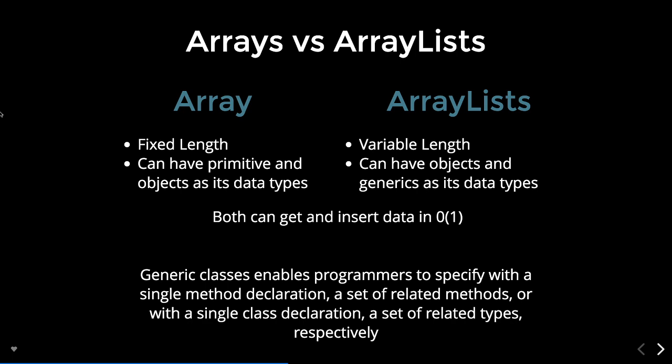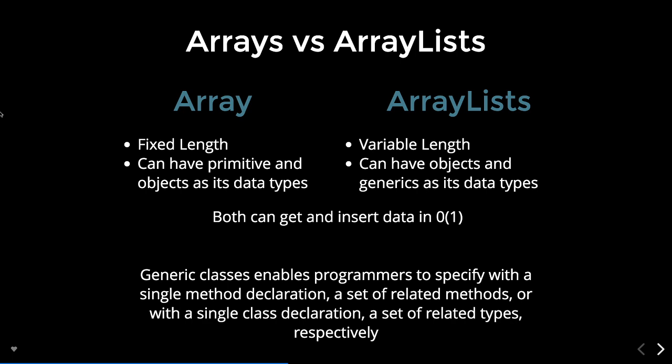What does this mean? Generic classes allows you to have only one class that will adapt to your defined data type. For example, if you were asked to create a sorting method for an integer array and a string array, you will actually create two methods. One method for sorting an integer array and one method for string array.